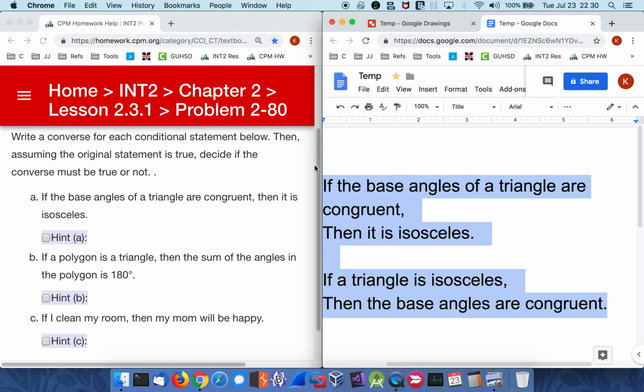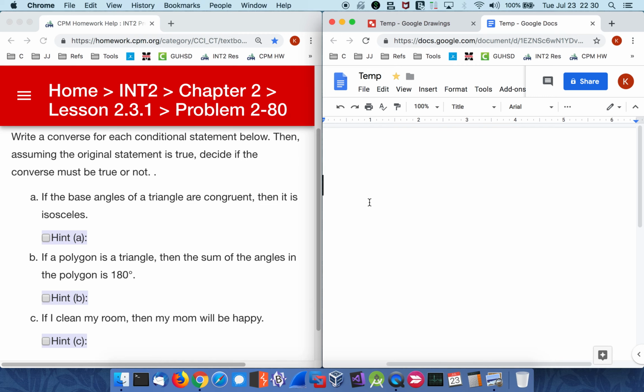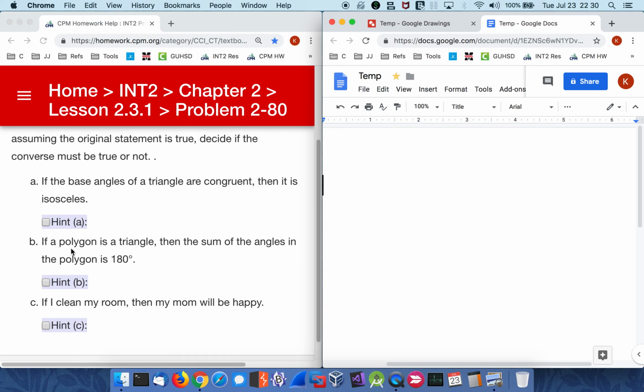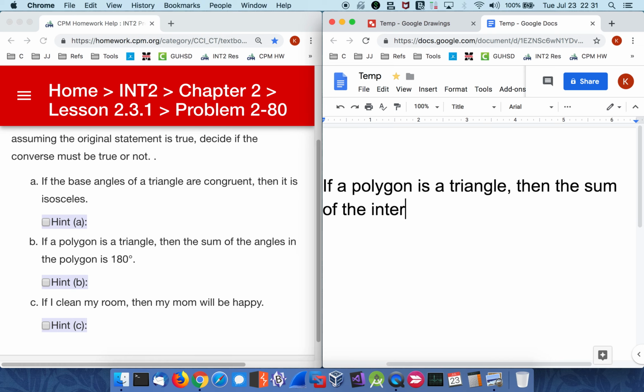So that was the first part. This is going to be more thinking again, not just straightforward numbers. If a polygon is a triangle, then the sum of the angles in the polygon is 180 degrees. Let's write it down: if a polygon is a triangle, then the sum of the interior angles is 180 degrees.